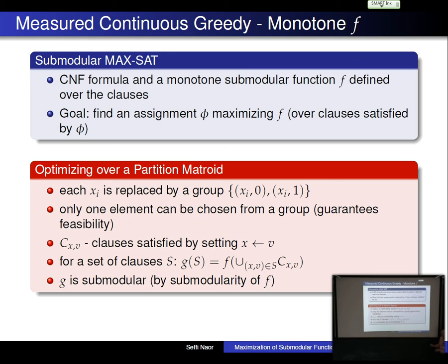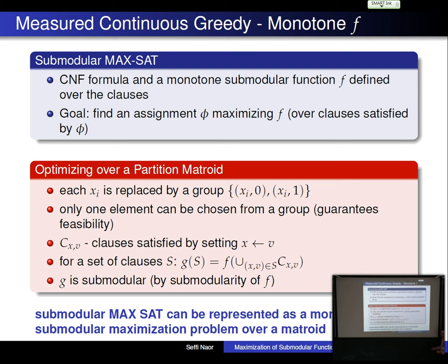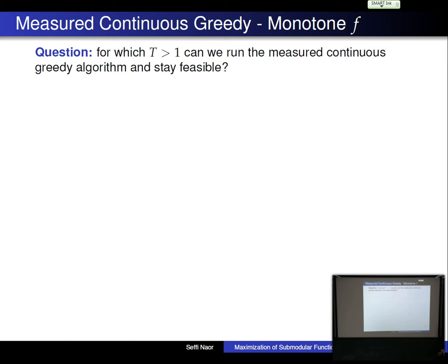The function doesn't care about that. G is submodular because of the submodularity of f. But x can only be set to either true or false. This will be taken care of by the partition matroid. So submodular max sat is an instance of a monotone submodular maximization problem over a matroid.